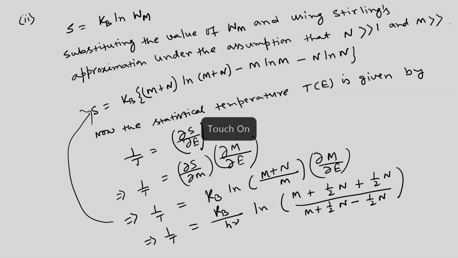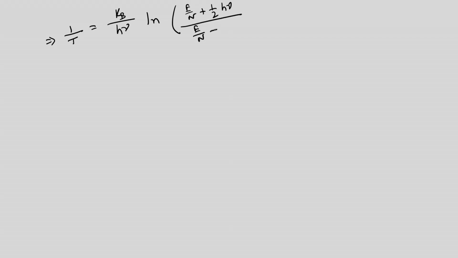Okay, now, if we further proceed, we get 1 by T equals k_B by h nu ln (E by n plus half h nu) by (E by n minus half h nu).